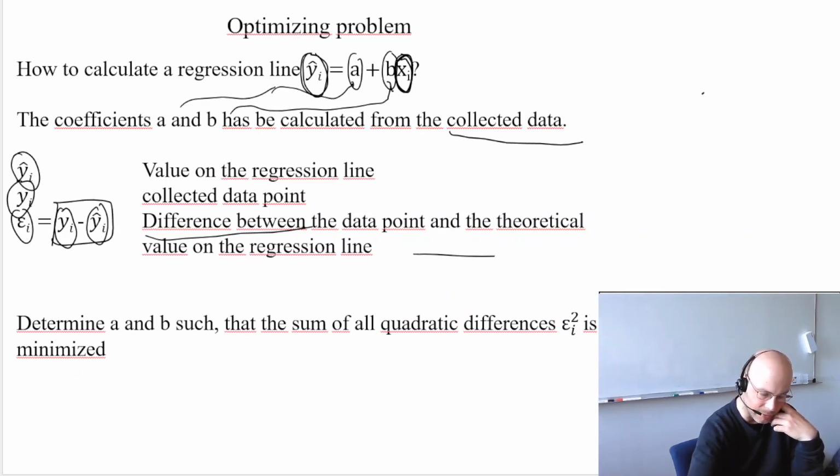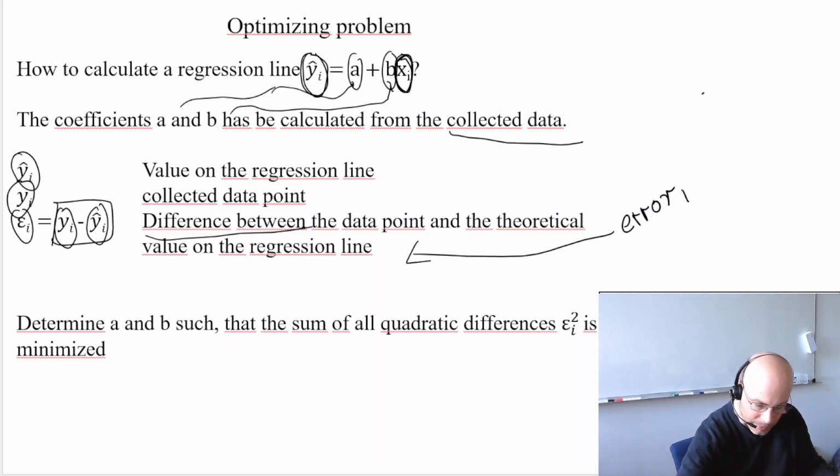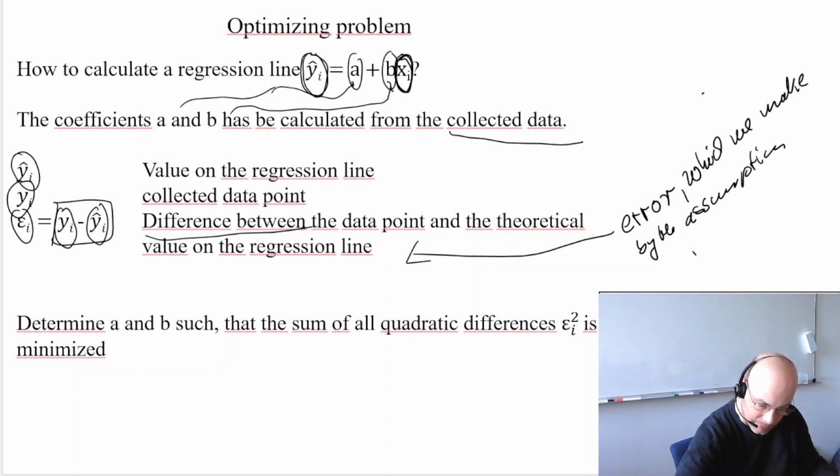And this is our error, which we make by the assumption y hat equals a plus b x i.